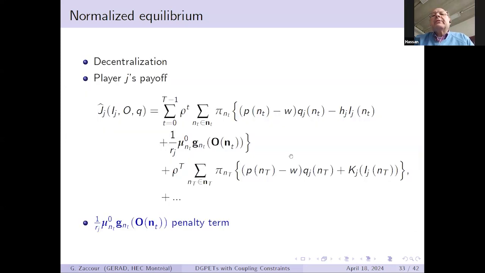Excuse me, George. Yes, Hassan. So when you introduced the R's, you mentioned that a regulator could be coming up with these R's in the game. But here in this setup, who is coming up with the R's? I will discuss it a little bit later on. This is the manufacturer who is selling to different retailers.